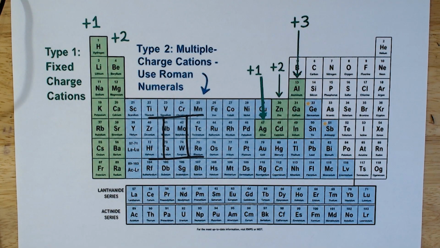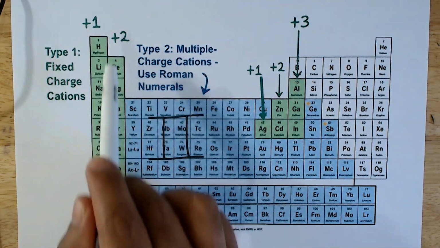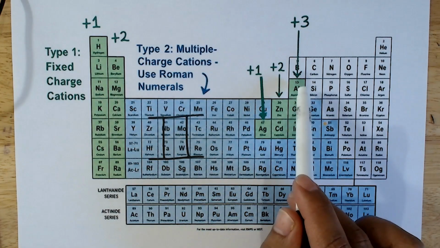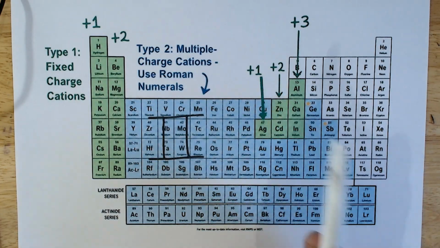And those cations can be found in group 1, group 2, and here in this area where I call the 6-pack. In addition, ammonium is also included as a type 1, which we will see later in other videos.